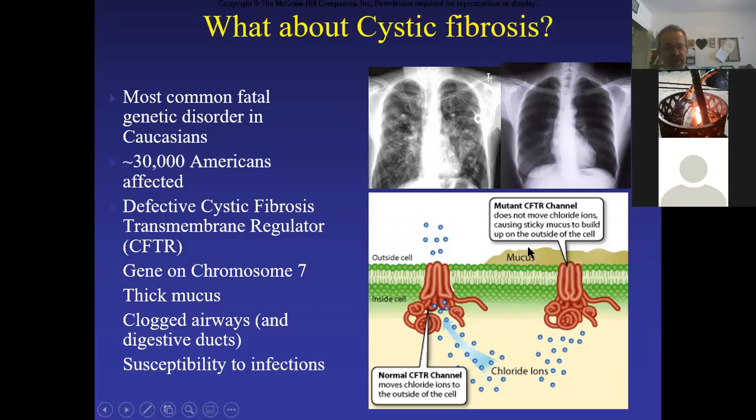So it gets very, very thick, which will clog the airways. And what happens is, remember that mucus, along with cilia, is designed to move bacteria and other junk out, move it up the ladder, kind of move it out of the respiratory tract. Well, it can't do that, so the bacteria will stick, and this can lead to really serious infections, which is what you're looking at on this diagram on the left.